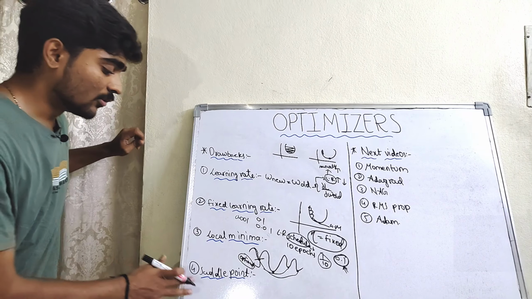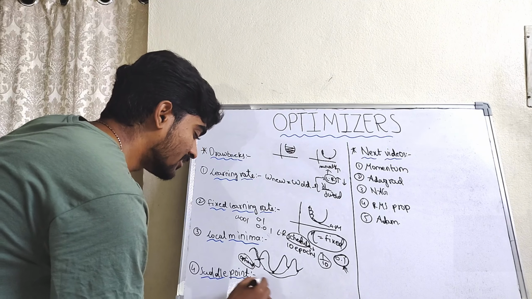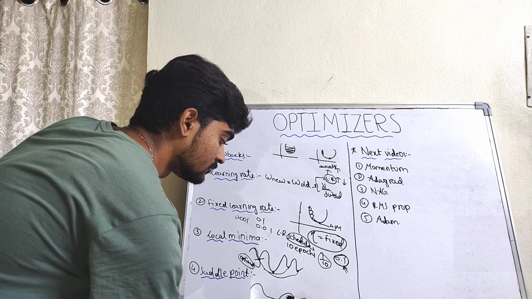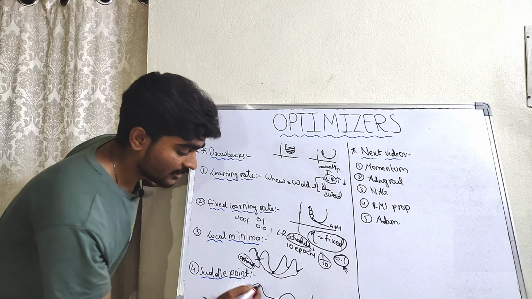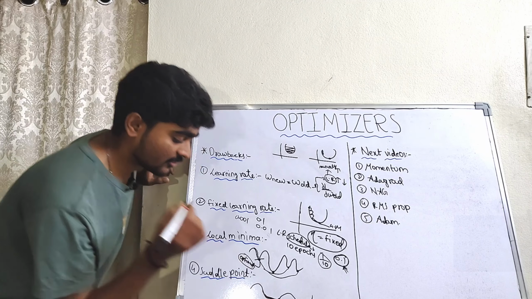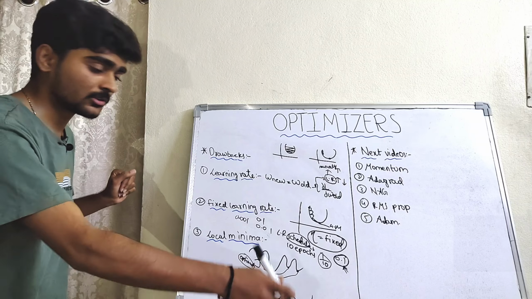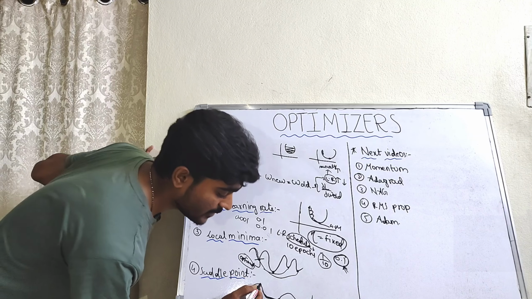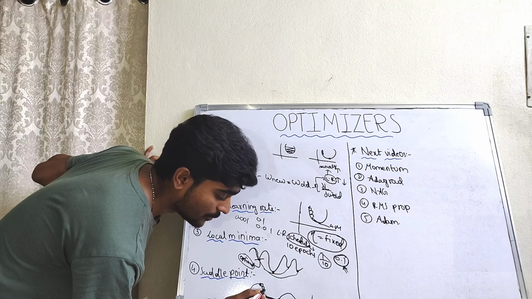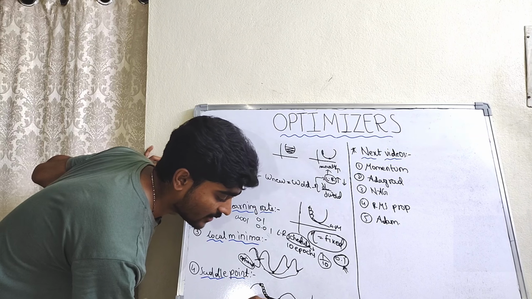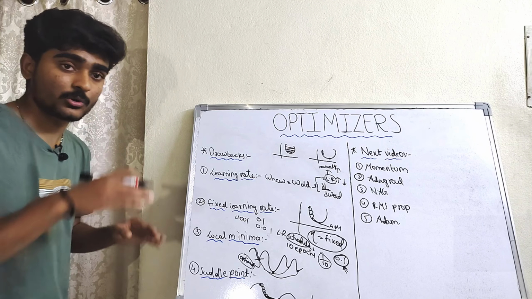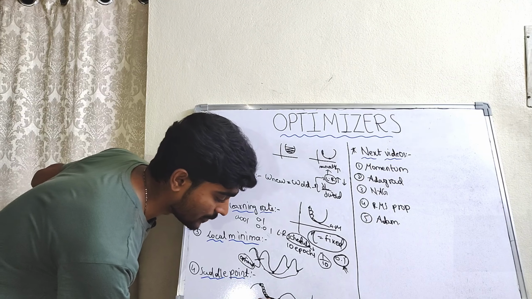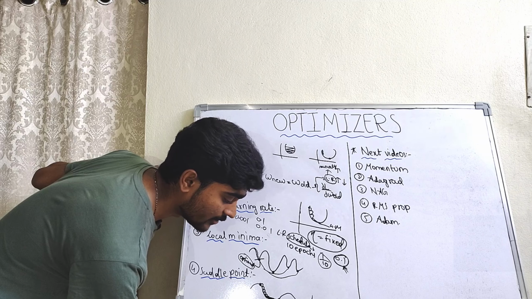Now the fourth problem is the saddle point problem. This saddle point problem is similar to the local minima problem. Let us say this is my gradient descent curve and I'm starting from here. I take steps, and when I reach over here, you can see there is a horizontal line. The curve is a horizontal straight line, which means the slope here will be 0.